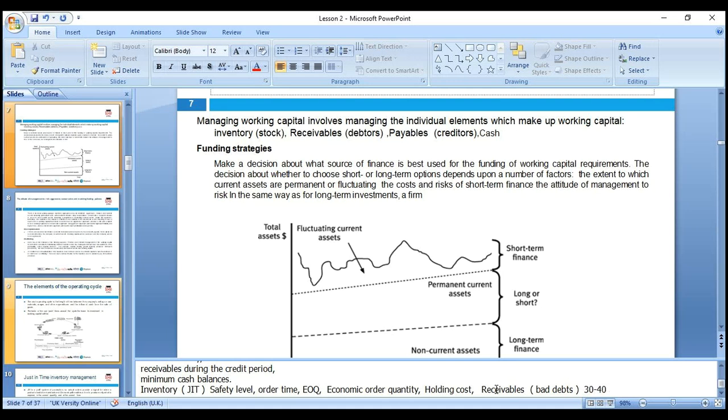Do you think receivable days or payable days are lower? So my receivable days are 30 days, and my payable days, how much can we get? The payable days, yes, 60 maybe. 60 days.